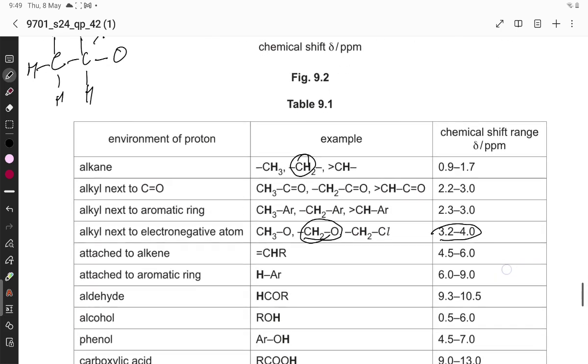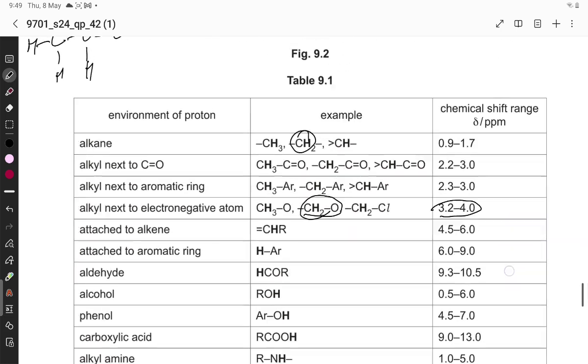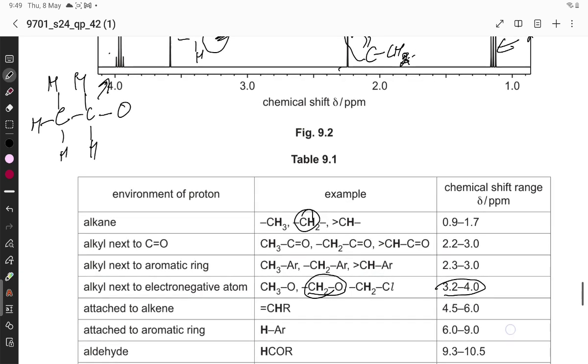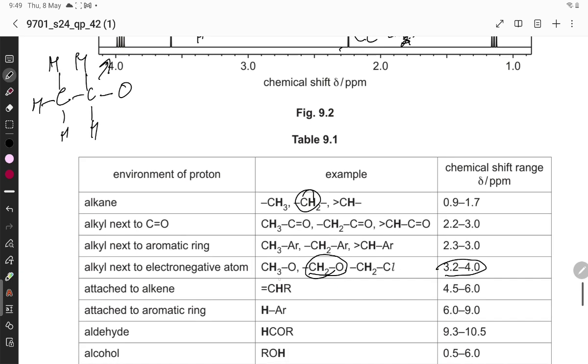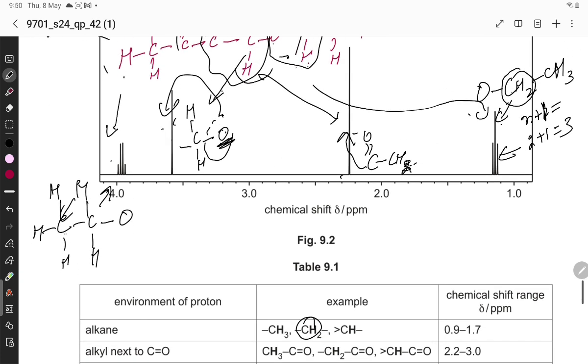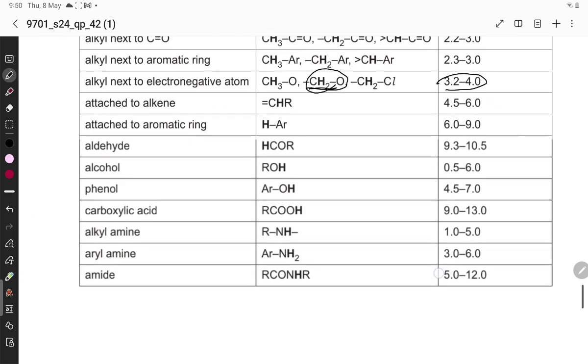This is 3.94, CH2, and the neighboring is CH3, and CH3 has 3 hydrogen atoms, so n plus 1, 3 plus 1 is equal to 4, a quartet peak.